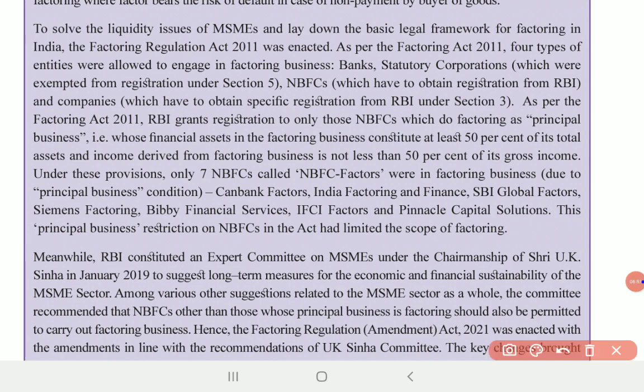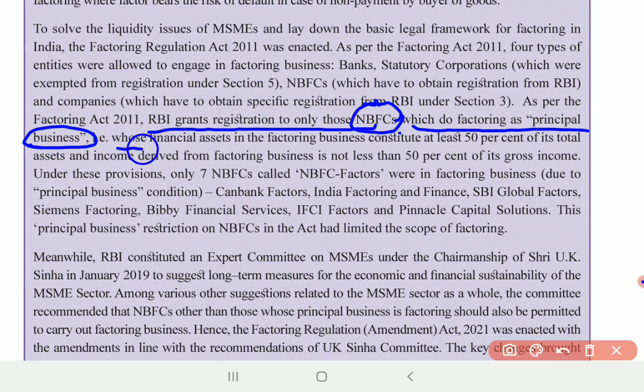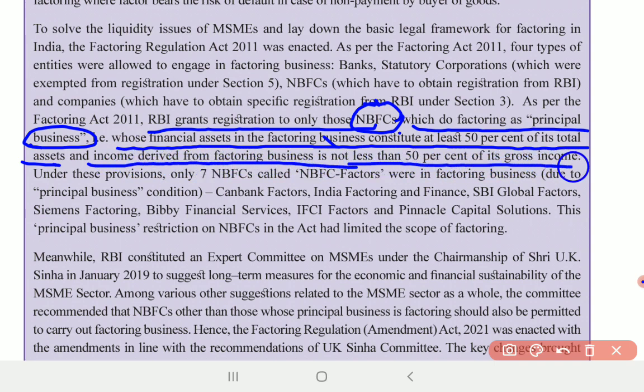That too, the RBI grants registration only to those NBFCs which do factoring as a principal business. So what does principal business mean? The main occupation of the NBFC should be factoring. Principal business means that financial assets in the factoring business constitute at least 50% of its total assets, and income derived from factoring business is not less than 50% of its gross income.